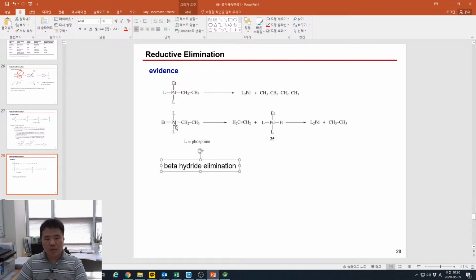If you think about this complex, I want to draw this complex in ChemDraw. Palladium is here, ligand is here, ligand is here, ethyl is here.